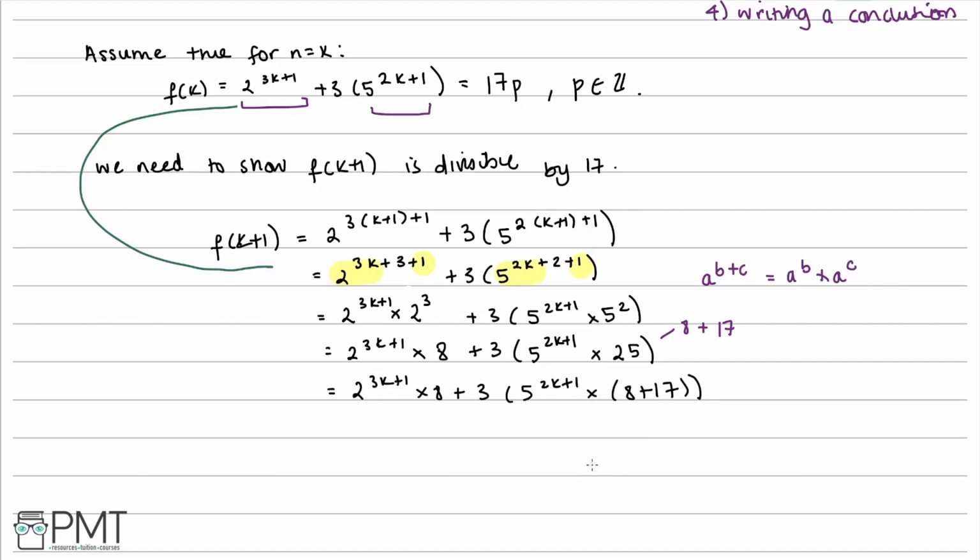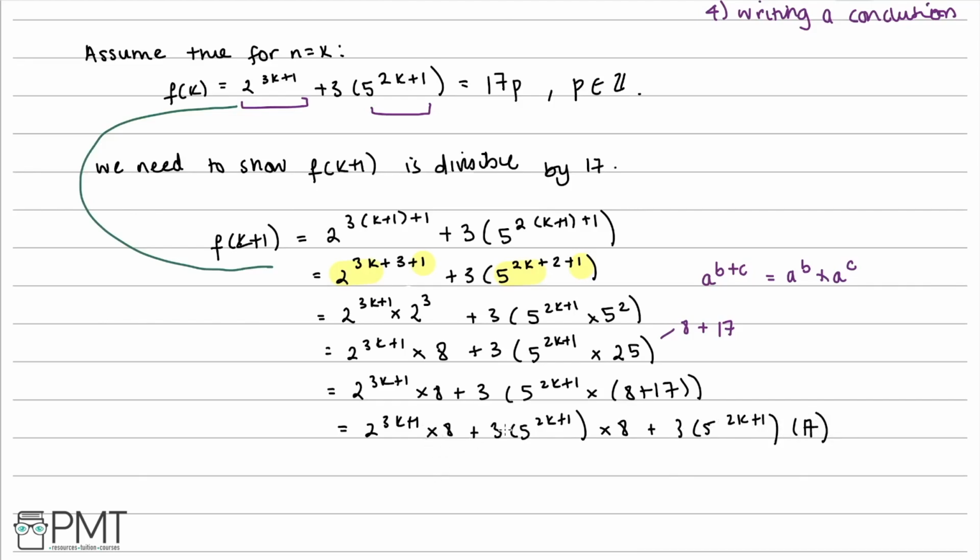And thus, you can rewrite this entire expression as 2 to the power of 3k plus 1 times by 8 plus 3 times 5 to the power of 2k plus 1 times by 8 plus 3 times 5 to the power of 2k plus 1 times by 17.